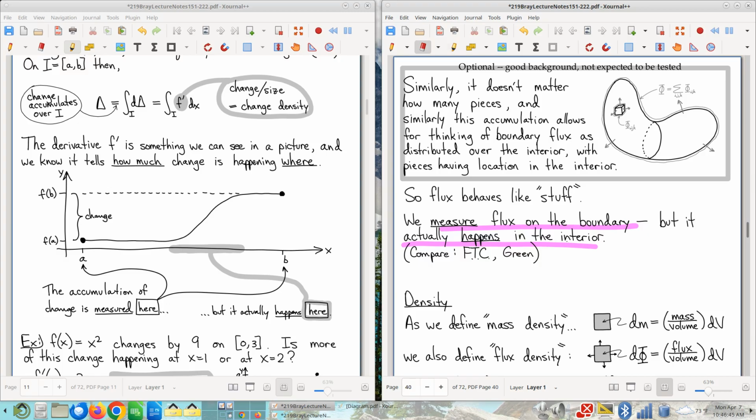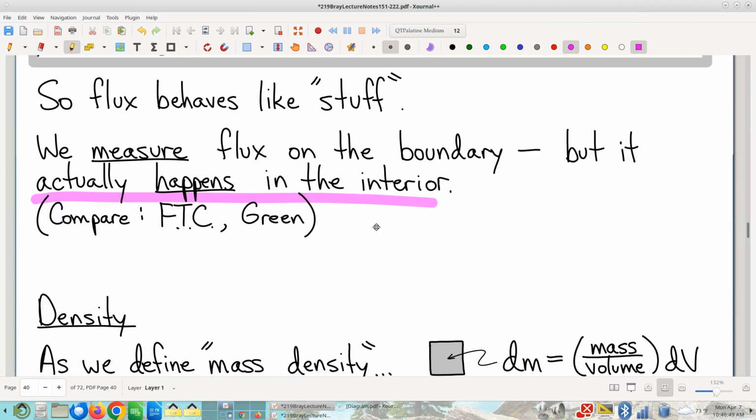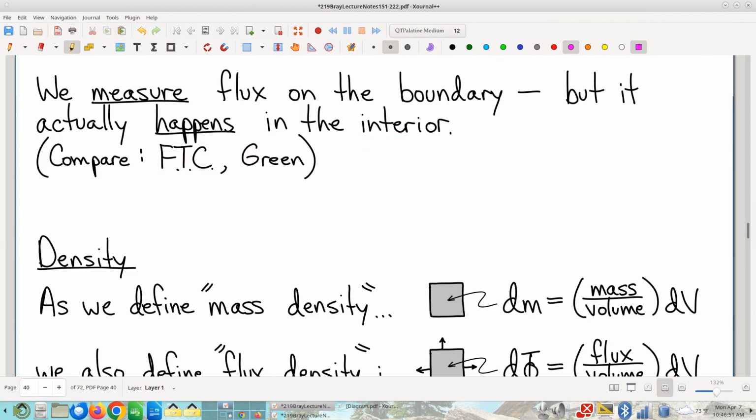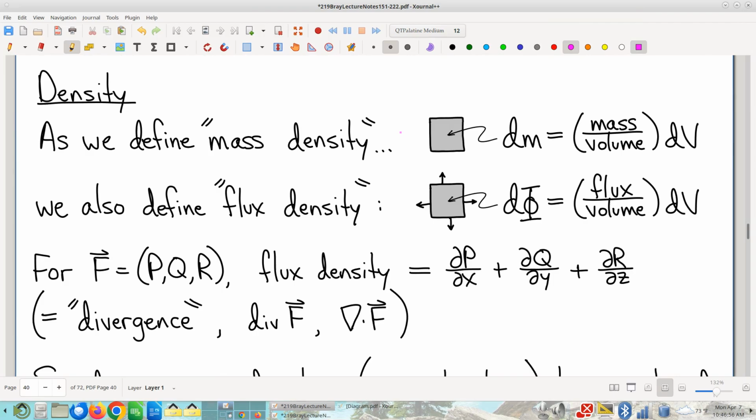Alrighty. Moving along. So we got a stuff. When you have a stuff, you can talk about what's the density of that stuff. You can talk about stuff per unit volume. And here we go. If you look at outward-oriented boundary flux, by the way, we very often will just call it flux in a context where we're talking about boundary flux.